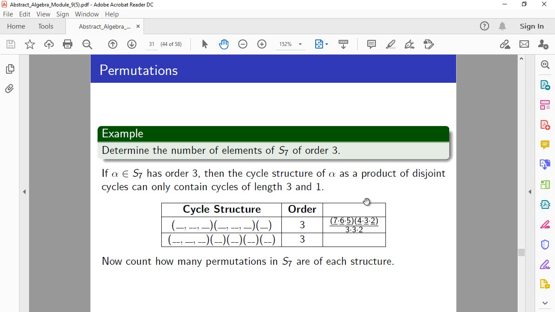So that's how many elements we have with this cycle structure, and you can figure out how many elements we have with this other cycle structure here. This is actually easier than the first one, and then we add up those numbers to see how many elements of order 3 we have in S7.